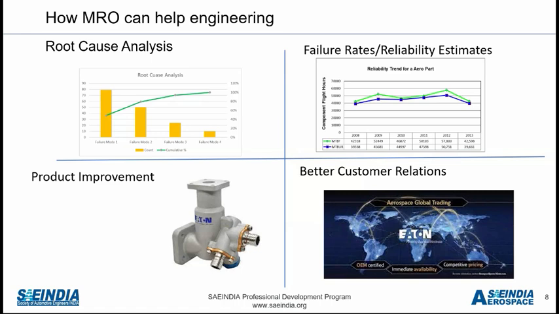They don't even feel obligated to report those out. So it's a very difficult thing. So when we are working in an MRO organization, or we have a connect with MRO, it helps to identify the reliability of the product.